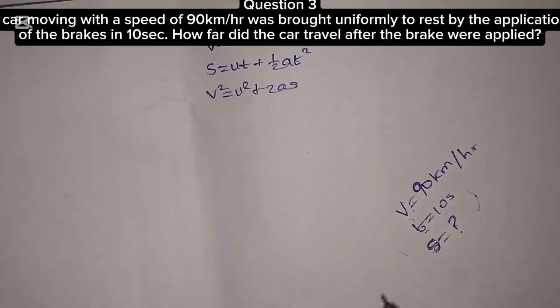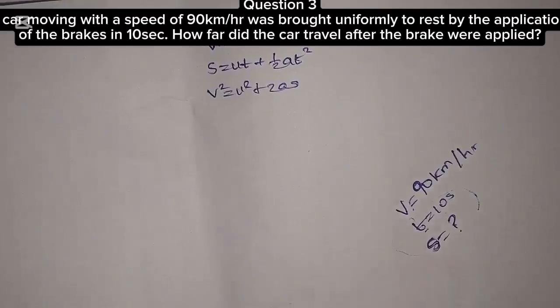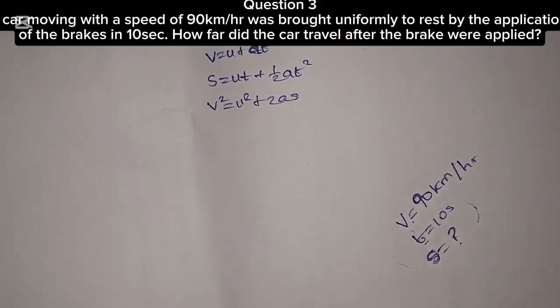Take note that in some particular questions on motion, we can combine 2 formulas. We can use 2 of the 3 equations of motion to solve one particular question. If you look at this question, they gave us velocity, they gave us time, they say we should look for distance, they didn't give us acceleration.